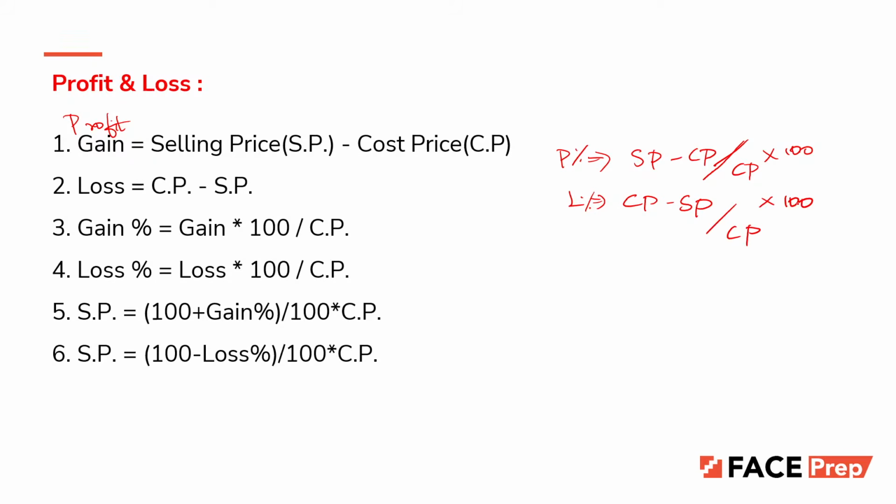This is the formula you'll use for checking profit or loss percentage. I hope this particular thing is clear for everyone. Now let's go for the other part, which is selling price. They have given how to identify gain: gain plus 100 percentage divided by 100 into CP.